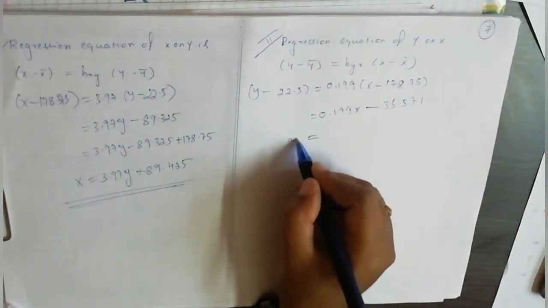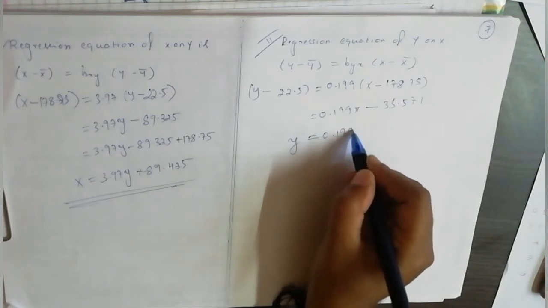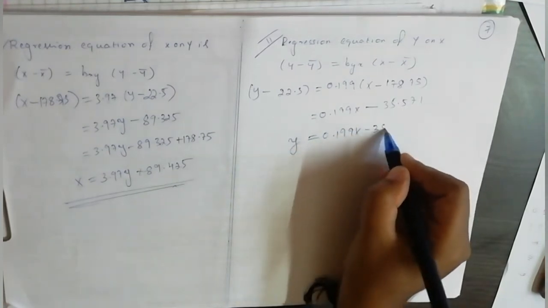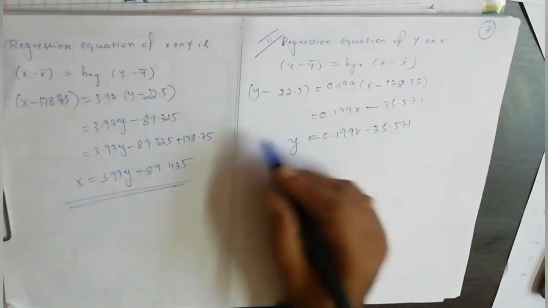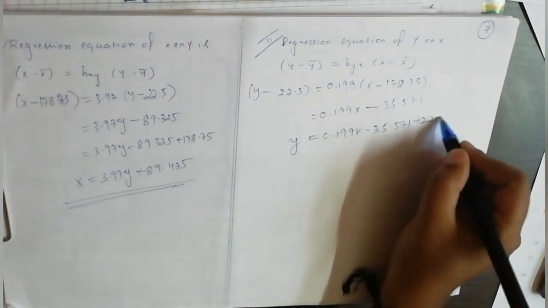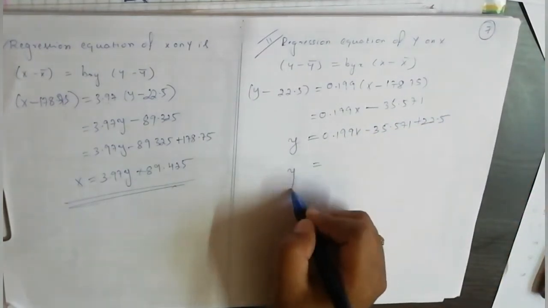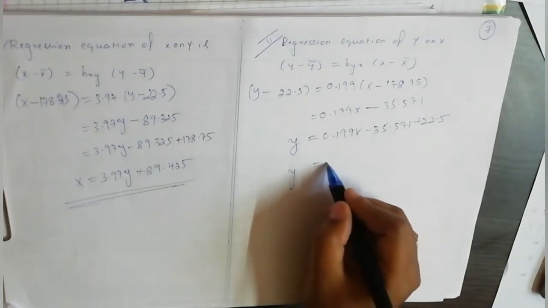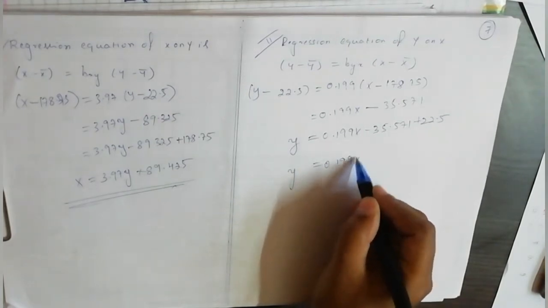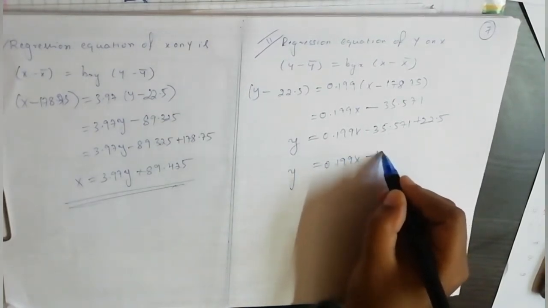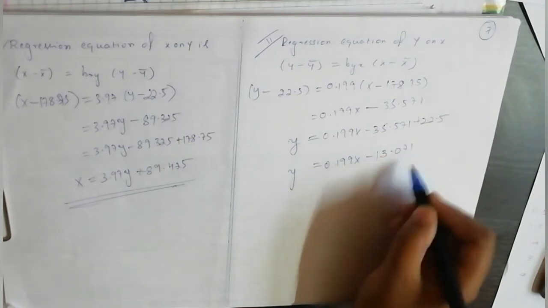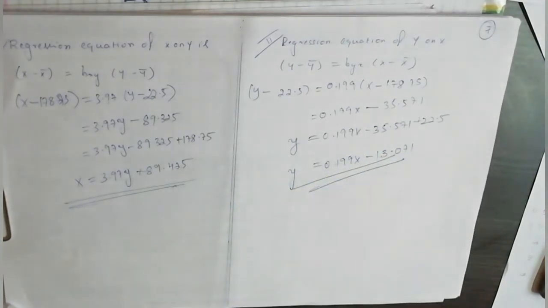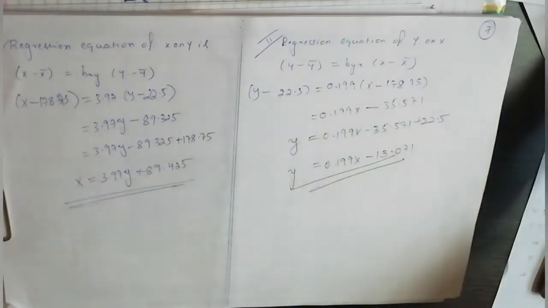So finally we'll get y is equal to 0.199x minus 35.571 plus 22.5. So finally we'll get the equation 0.199x minus 13.071. This is the second equation. So this completes that problem.